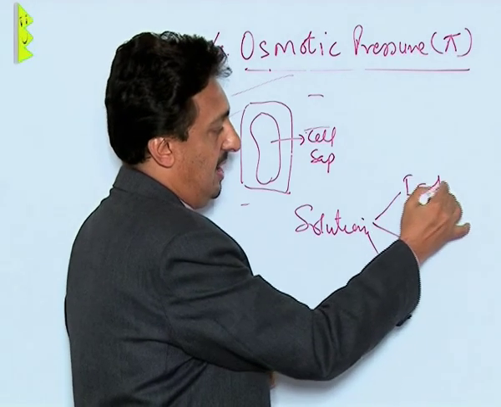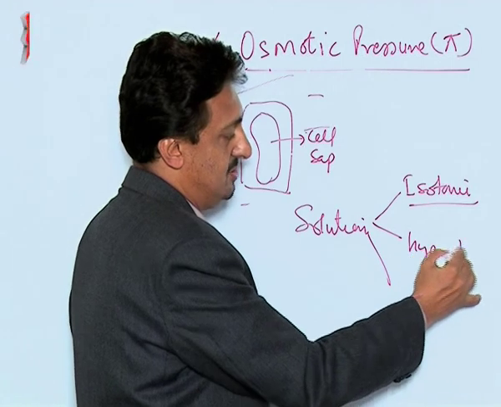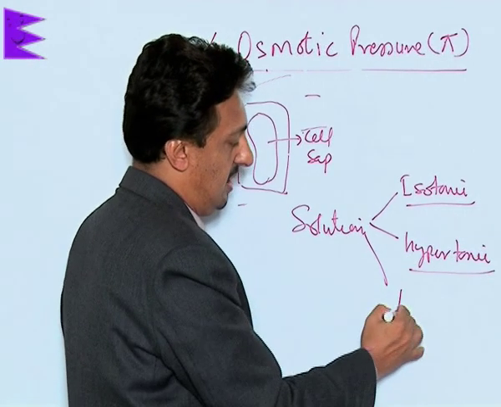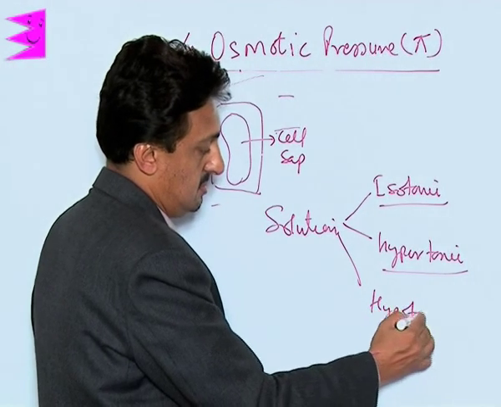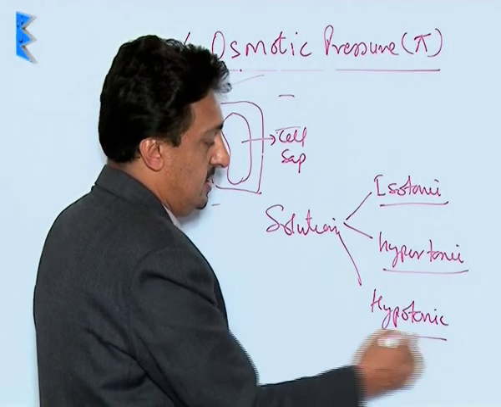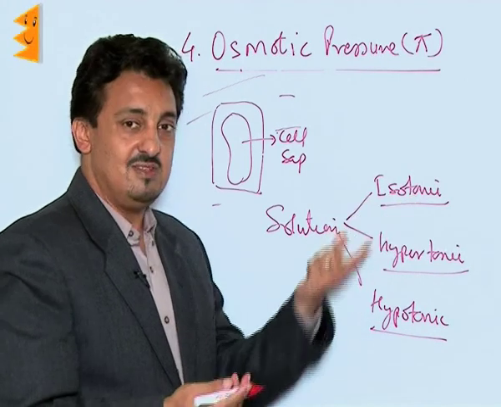They can be isotonic solutions, hypertonic solutions, and hypotonic solutions. So let us see first isotonic. As the name indicates, iso means same, tonic means concentration.